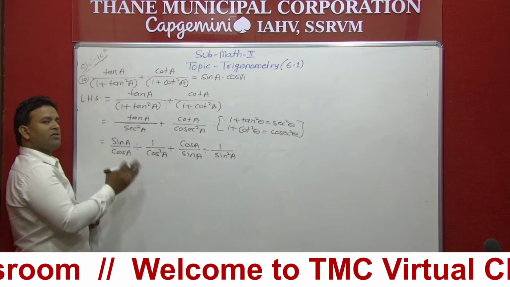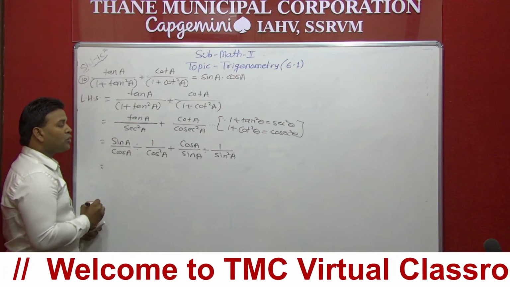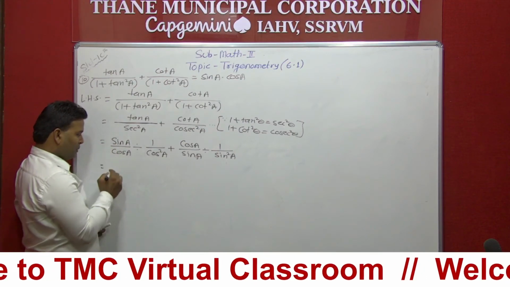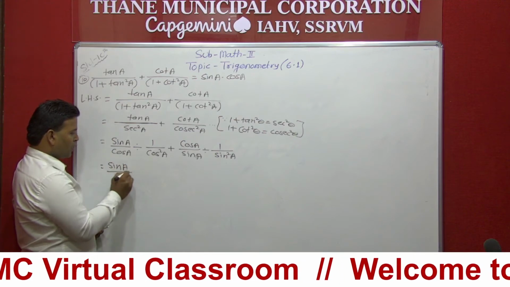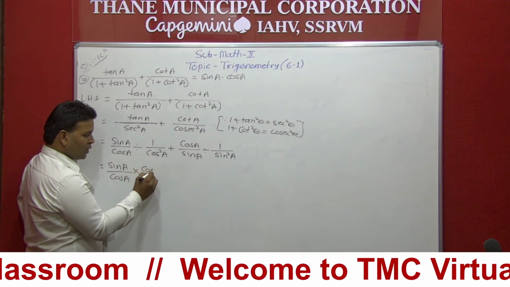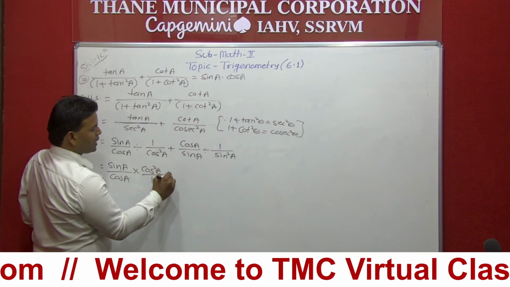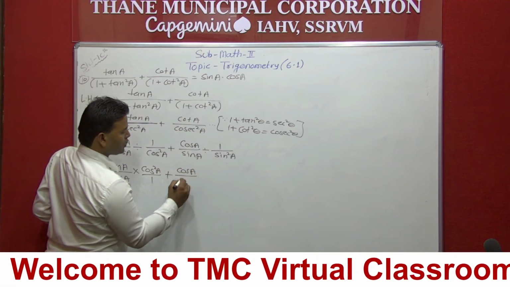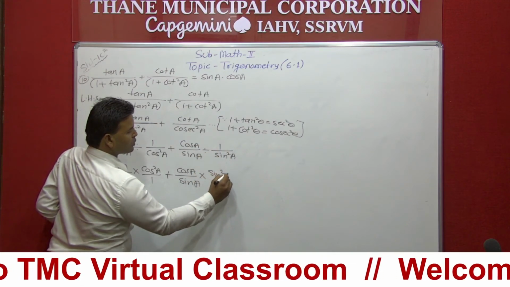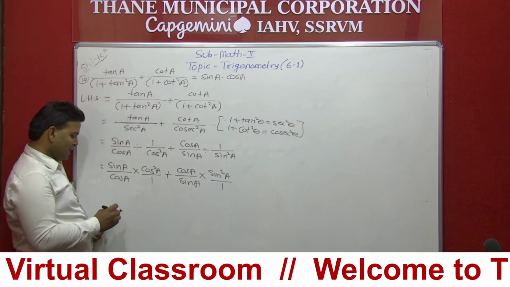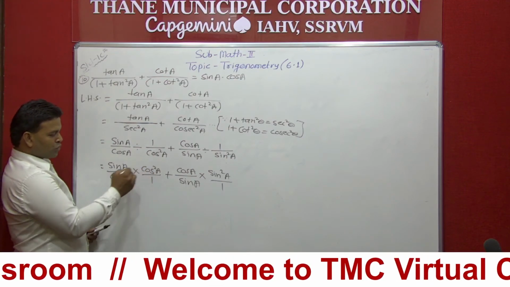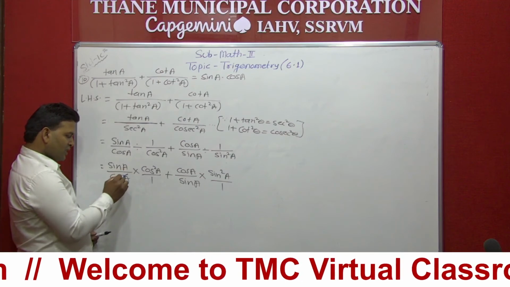After converting each and every term in terms of sine and cos, the division sign will get converted into the multiplication sign. So sin A upon cos A multiplied by the reciprocal, that is cos square A upon 1, plus cos A upon sin A into sin square A upon 1. Now let us see the cancellation part. This is denominator, this is numerator, so this will get cancelled with this.